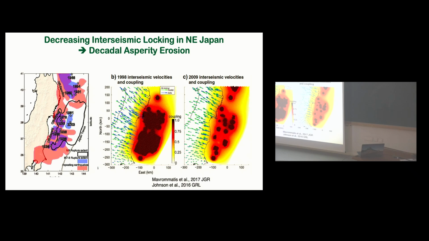We don't have observations for much of the period. In this model, the idea is that this is happening throughout the interseismic period following the initial afterslip. So you have afterslip, let that fully decay, and then over hundreds of years, you get this retreat to the locked asperity. But I would love to have data to actually show that. So that's something to look for.